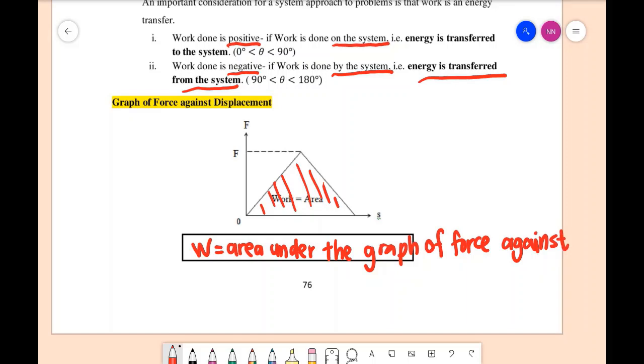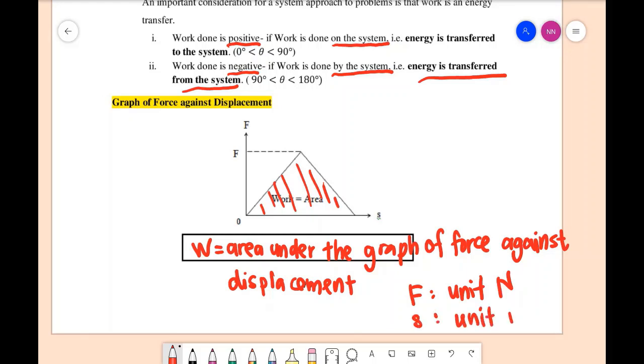But remember, force must be in unit Newton and displacement S must be in unit meter.